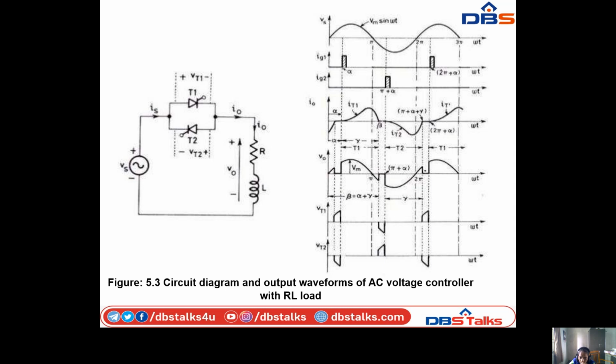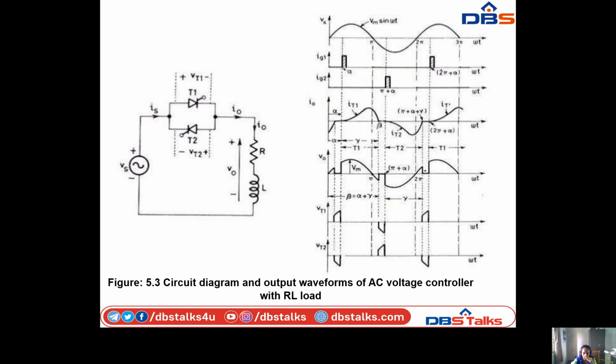So it will conduct up to gamma, and again it will come to 0, and again thyristor T1 will be turned on with a firing pulse angle of 2 pi plus alpha. So the output current will be in continuous mode.